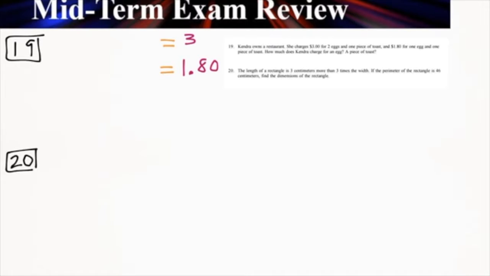So it's 2 eggs and 1 piece of toast for $3. So 2 eggs, and I don't really like using T, but I'll use a cursive T. And then 1 egg and 1 toast. Now for all these, I'm going to use the matrix.